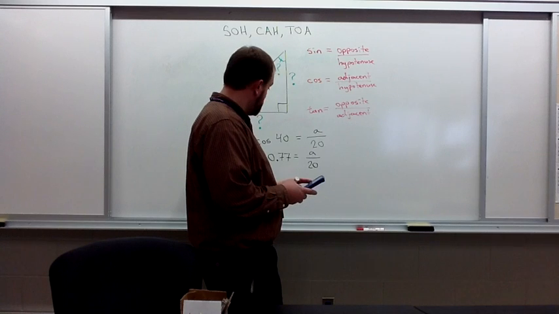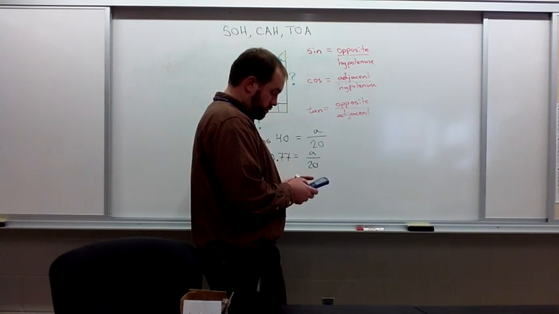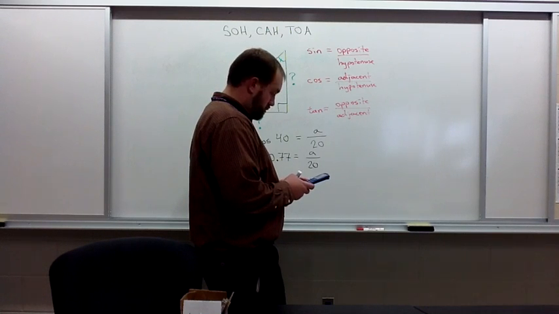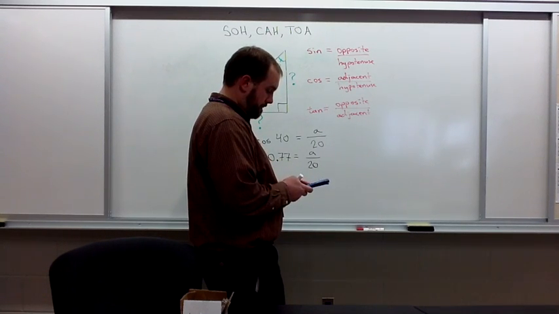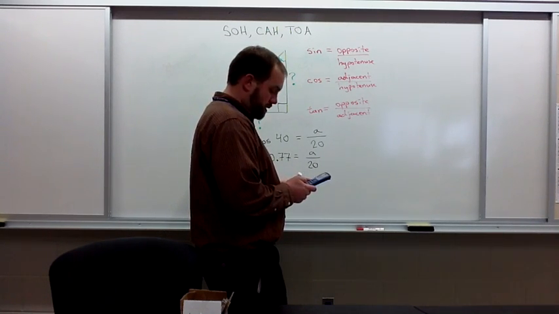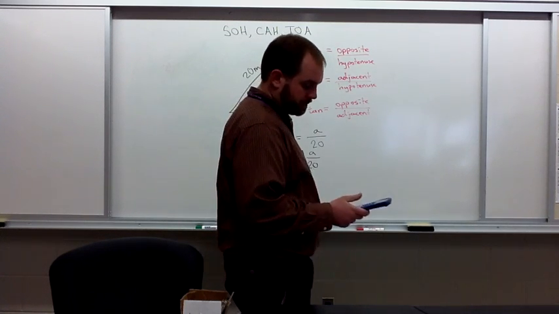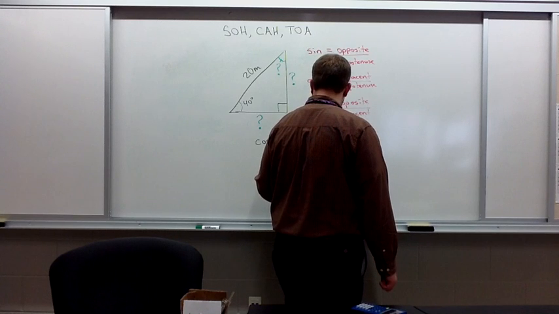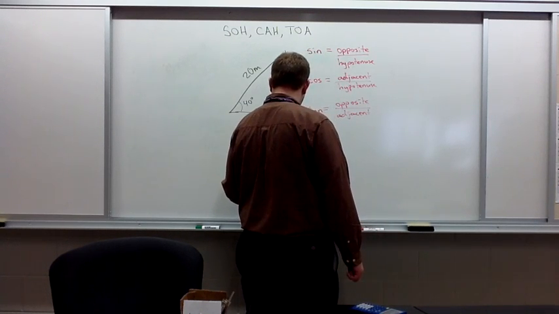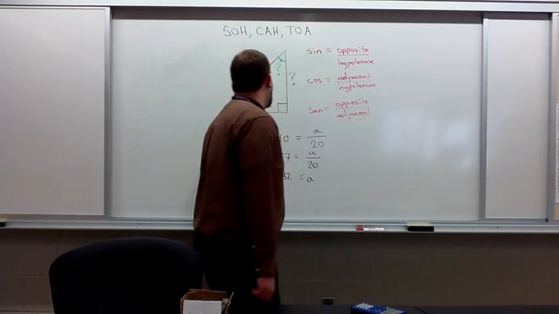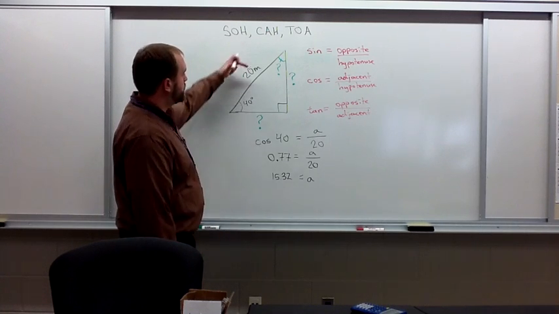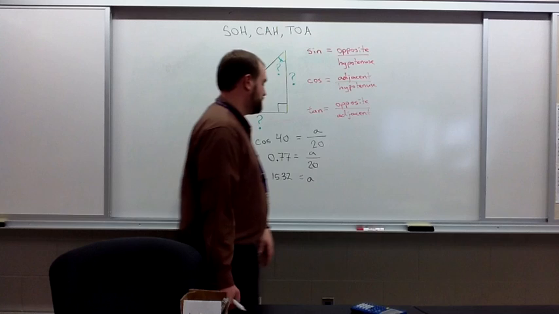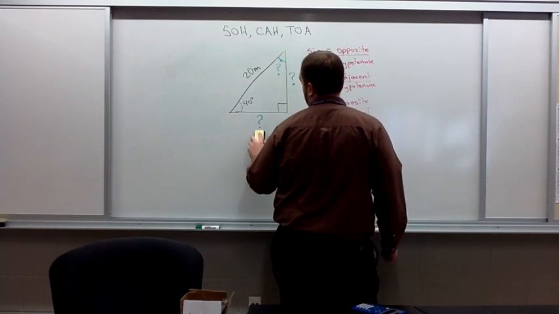Yeah, I'm in degrees. Cosine 40 times 20. I got 15.32. What will my units be? Well, this side's in meters, so that side's going to be in meters, and that side's going to be in meters. So I got 15.32 meters.